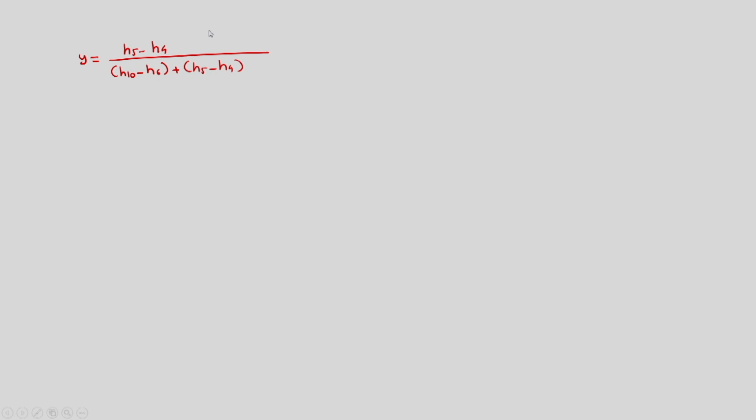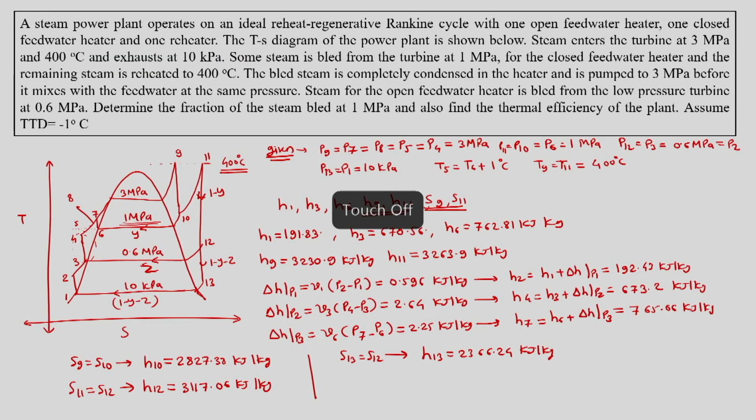We know how we are going to arrive at this formula. This is just the energy balance, where we are saying that Y amount of mass is losing its enthalpy from 10 to 6, and this enthalpy is used to raise the enthalpy of 1 minus Y amount of mass from H4 to H5, so H5 minus H4.